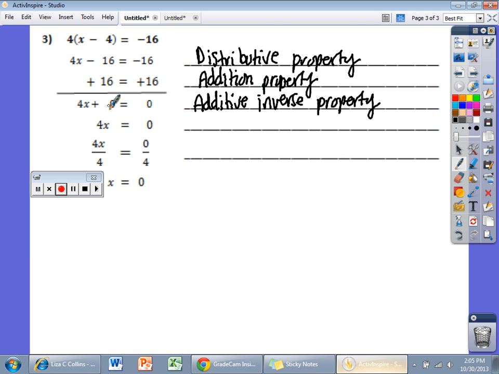Four x plus 0 gives us still our 4x, so that's our additive identity. It kept its identity. And last but not least, we're dividing by 4, so that's our division property.